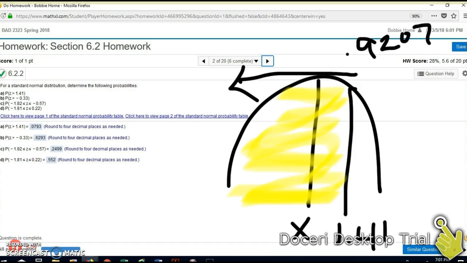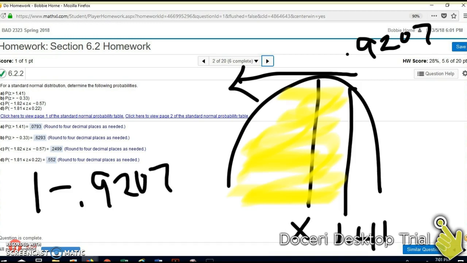So what I know about probability is the whole curve has to add up to 1. So if I know that this is 0.9207, how do I figure out what the rest is? Well, I take 1 and I subtract it. So if you want to know greater than something, you say 1 minus the probability of what you get.